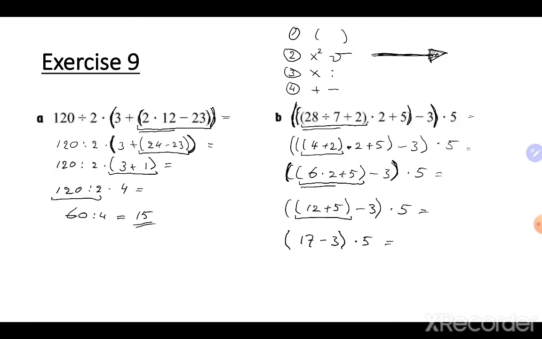There you go. 17 minus 3 in the bracket, that's 14. And then the last one, 14 times 5 is 70. So 70 is the final answer from exercise 9b.